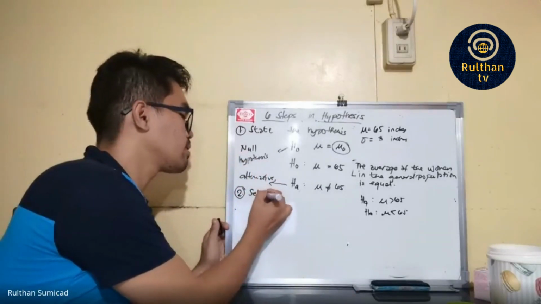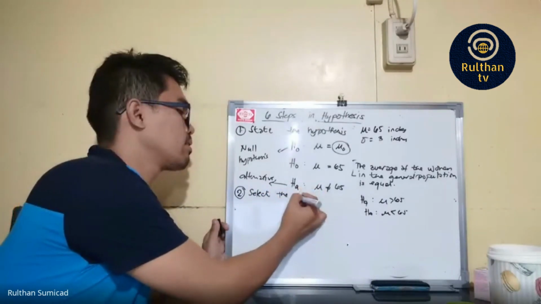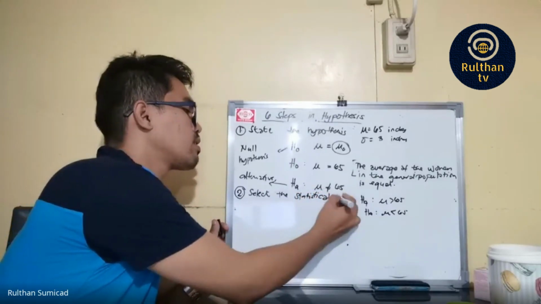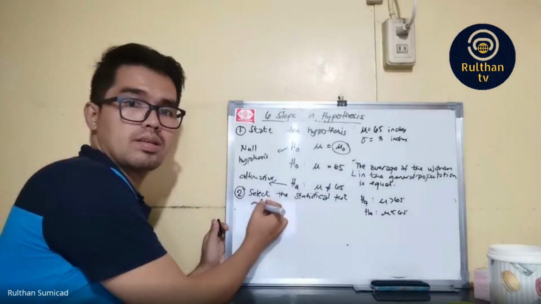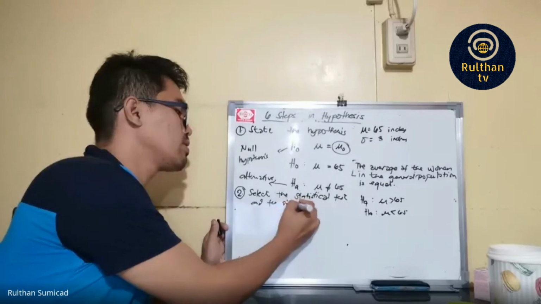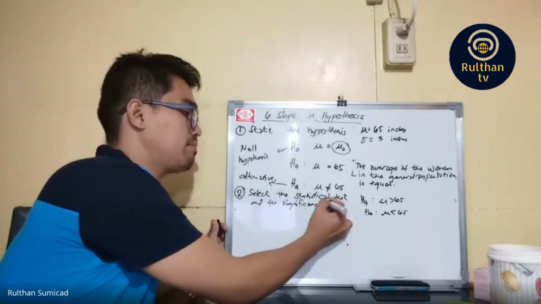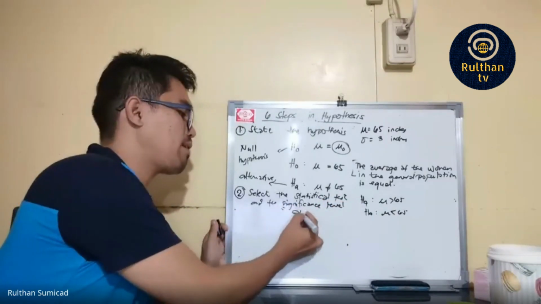Our step two is we have to select the statistical test and the significance level, or that is alpha.